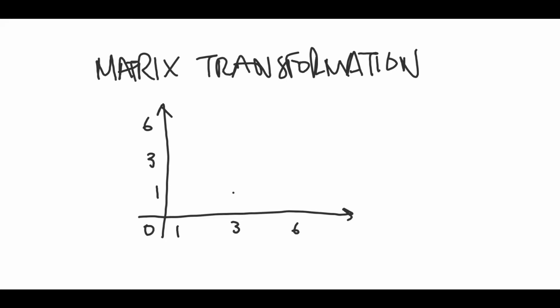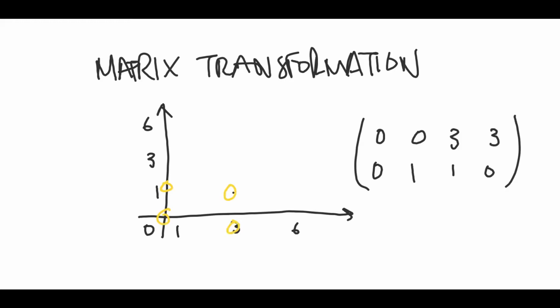First of all, the matrix of this point becomes 0, 0, 0, 1, 3, 1, 3, 0. This is what we learned yesterday as well: we first plot this point, then this one, then this one, then this one. This is how we come up with the matrix.